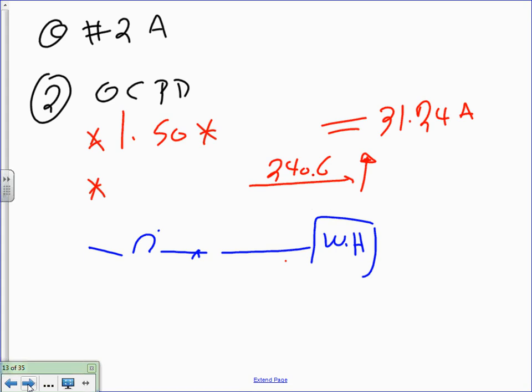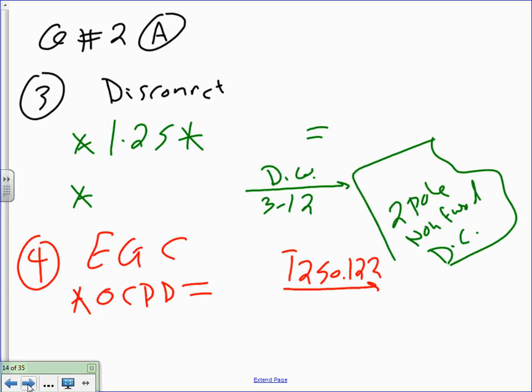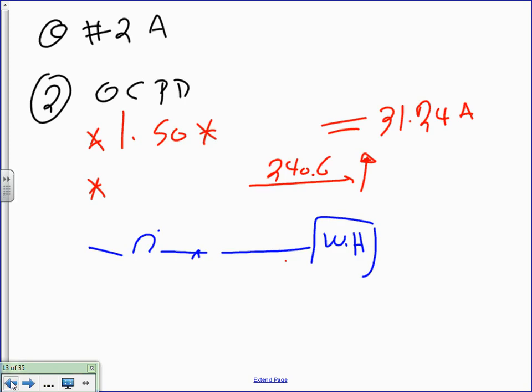Because these are appliances, we multiply by 1.5. Anybody remember the table 422? For appliances, we multiply. 422.10(A). So you multiply by 1.25.